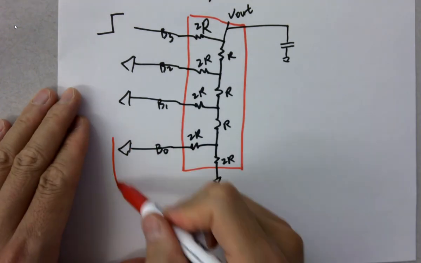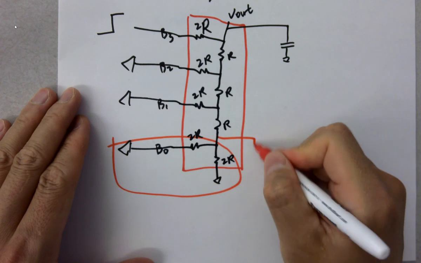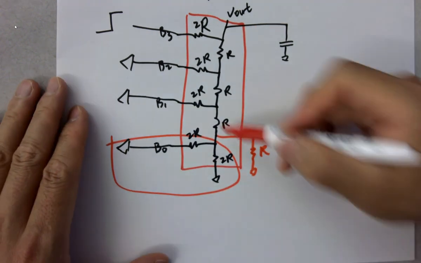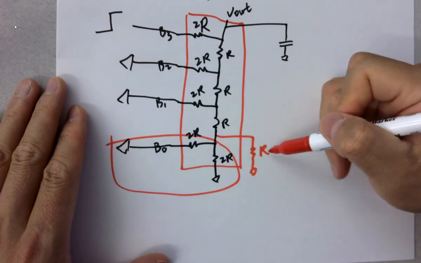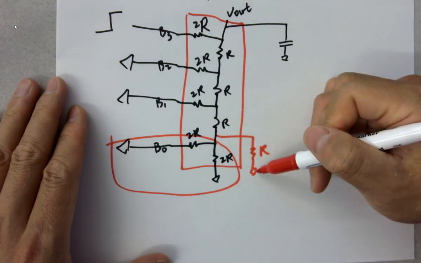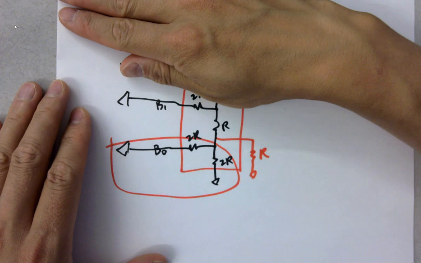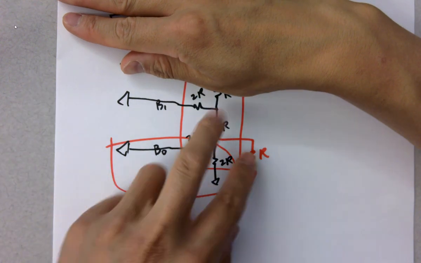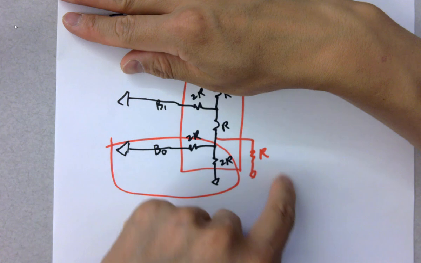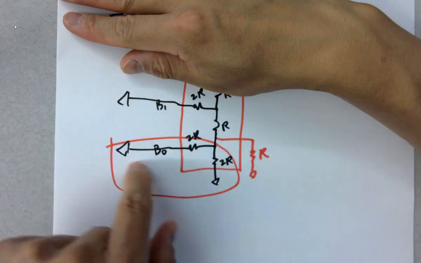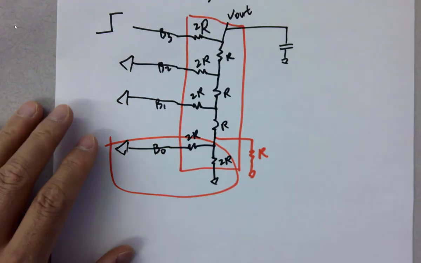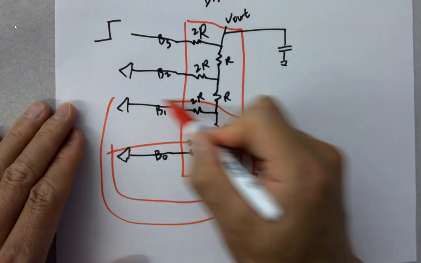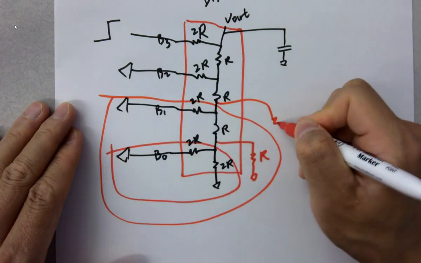So if you remove this thing here, it's basically a 1R to ground, and these two resistors form another 2R resistor to ground. It's the same thing. If you look at this one, that's a 2R and that's a 2R as well. So for this whole part here, we'll have an equivalent resistance of what? 1R as well, right? So for the whole thing here, it's basically just the 1R.